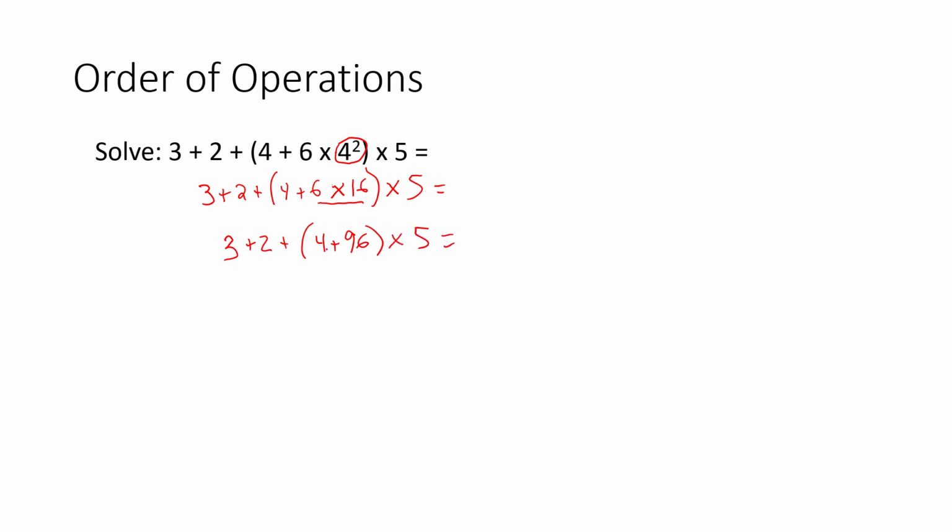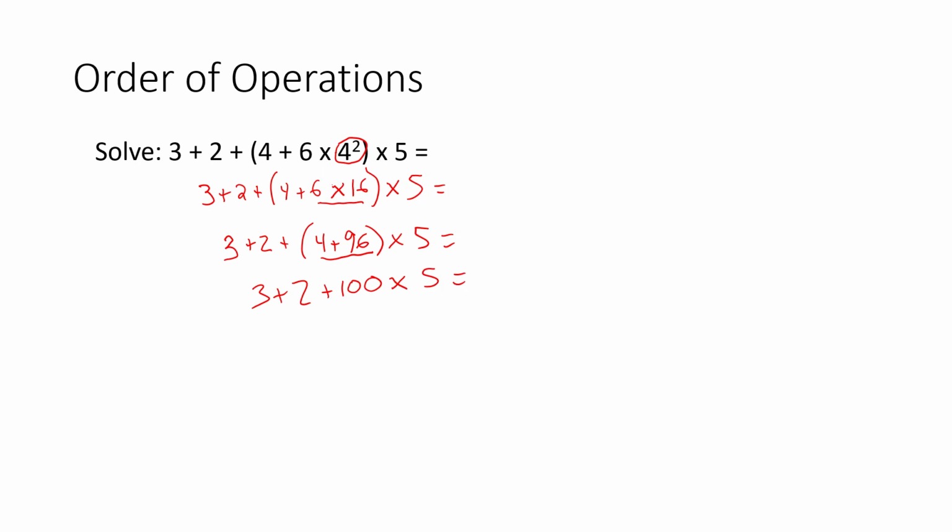So now we are going to do the addition from within the parentheses. So 96 plus 4 is 100. So underlining what we're doing next, 3 plus 2 plus 100, we can get rid of the parentheses now, times 5.